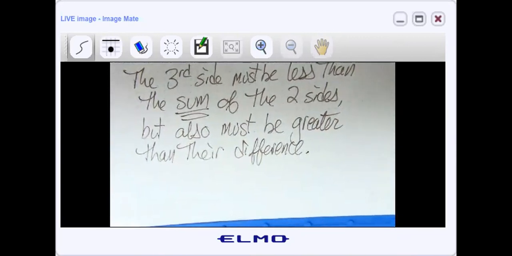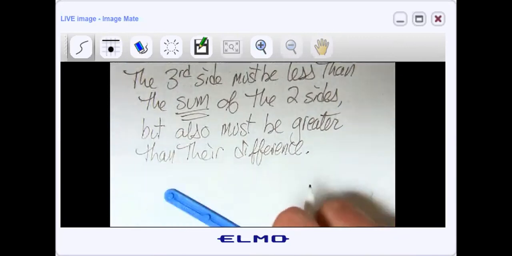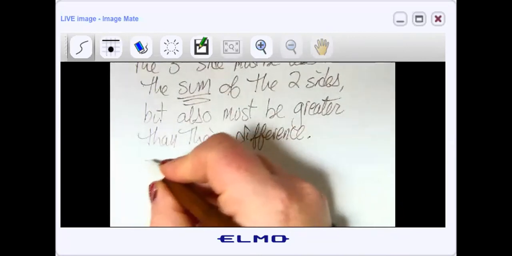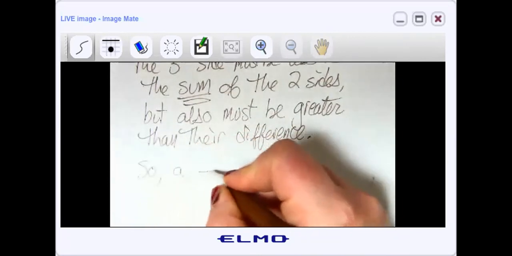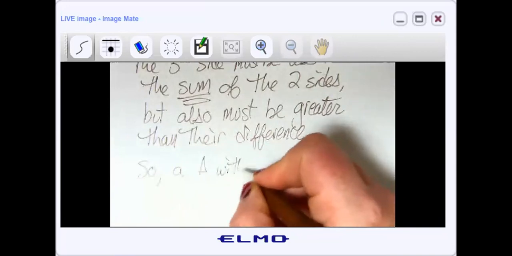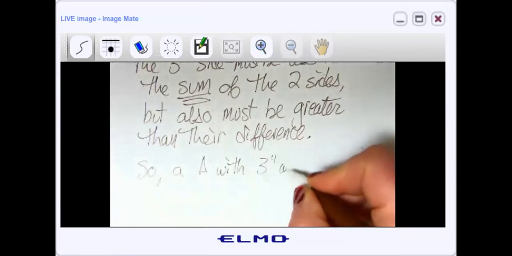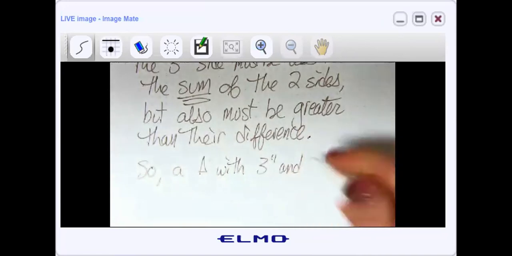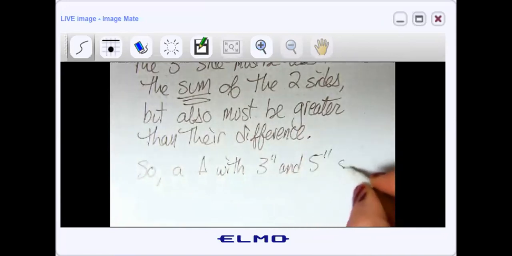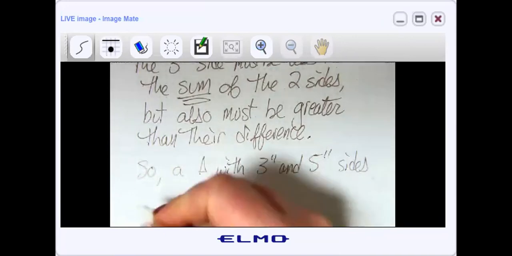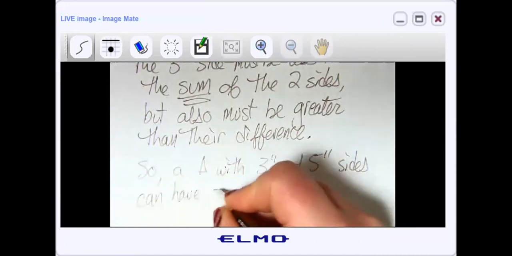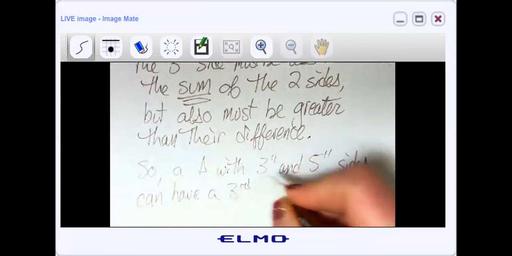Okay, so let's see if we can come up with an answer to the original question. So a triangle with 3 inch and 5 inch sides can have a third side.